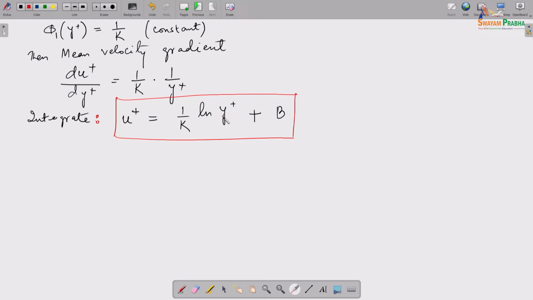It's a log relationship, right, and this is essentially the log law. Okay. This is the log law. k is the von Karman constant.